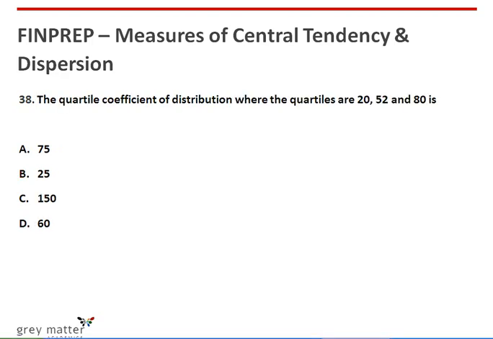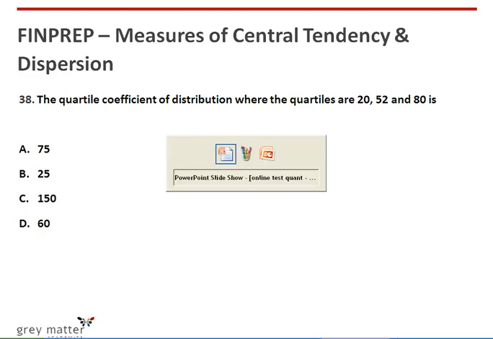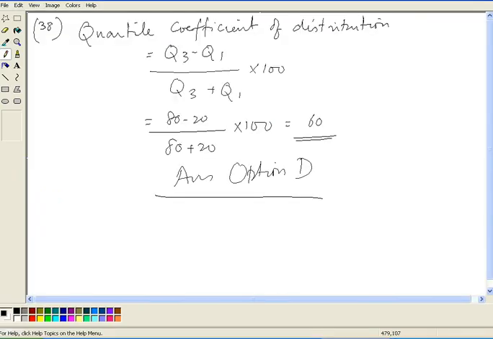38th problem. The quartile coefficient of distribution, where the quartiles are 20, 52 and 80, has to be computed. Going to our work area. Now the quartile coefficient of distribution is given by (Q3 minus Q1) by (Q3 plus Q1) into 100.